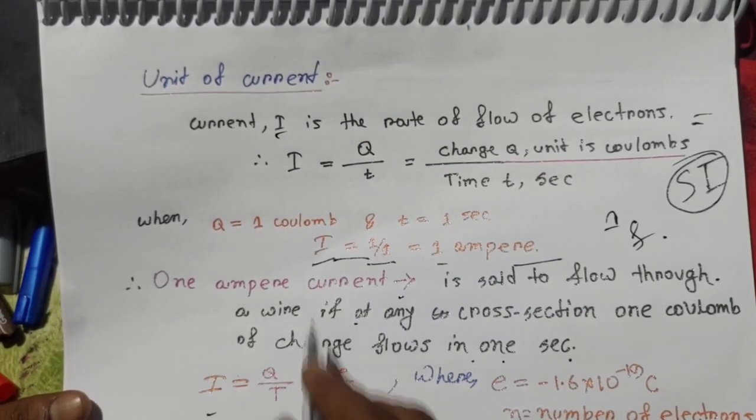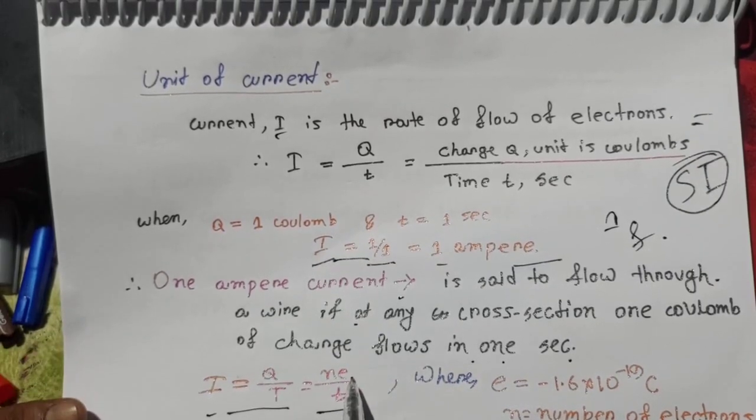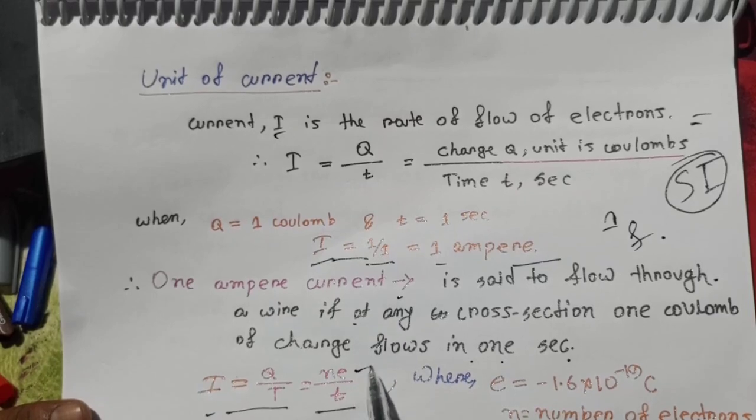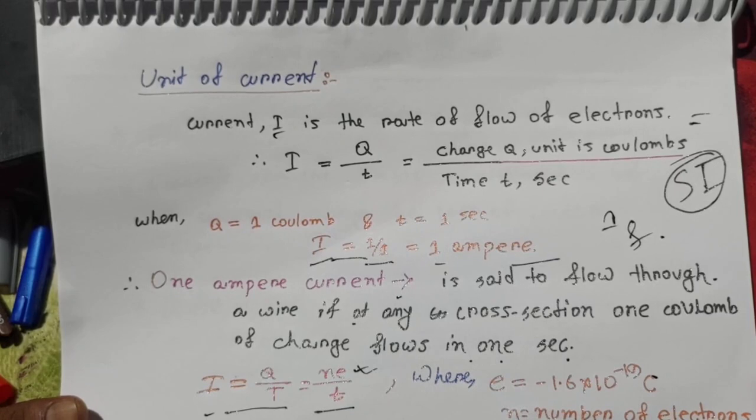So I is equal to Q by T. Q is equal to N E, where N is the number of electrons and E is the charge of an electron. E is equal to minus 1.6 into 10 to the power minus 19 coulomb. T is time.